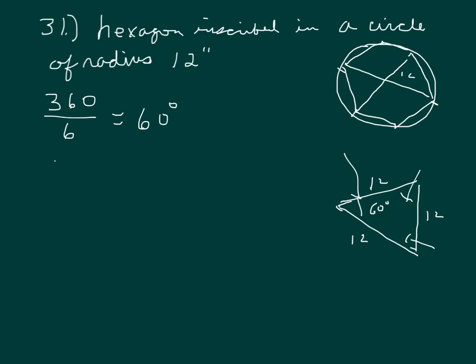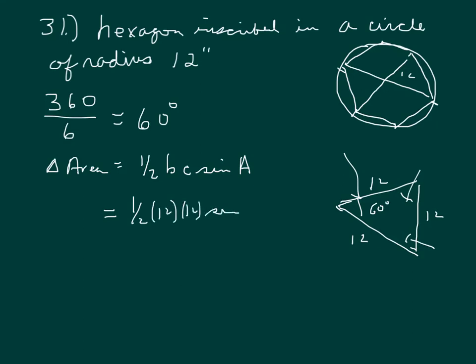In general, the area of the triangle would be 1/2 bc sine A. It does not matter how we label it, since all sides and all angles are the same, so we would have 1/2 times 12 times 12 times the sine of 60 degrees. A 60-degree angle looks like this: 1, 2, square root of 3.